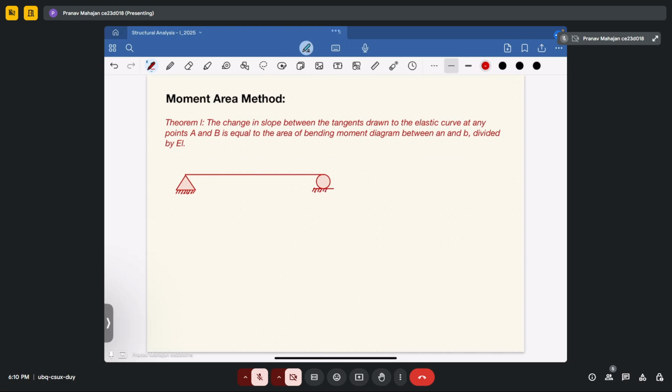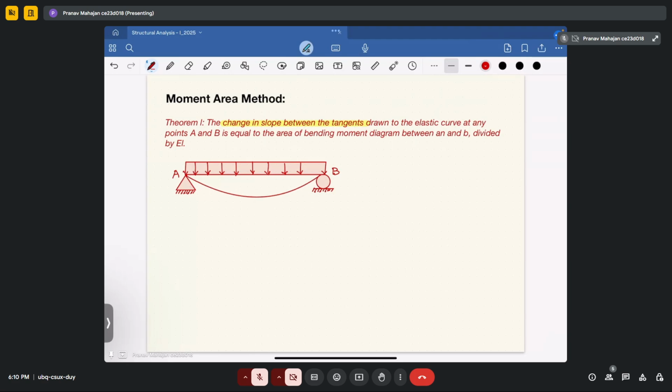In this case, if you have a uniformly distributed load over the section, the change in slope between the tangents drawn to the elastic curve at any points between A and B. Suppose this is your point A and B.